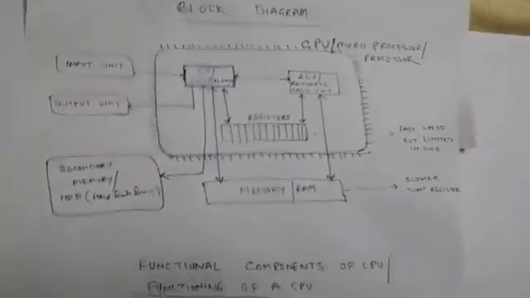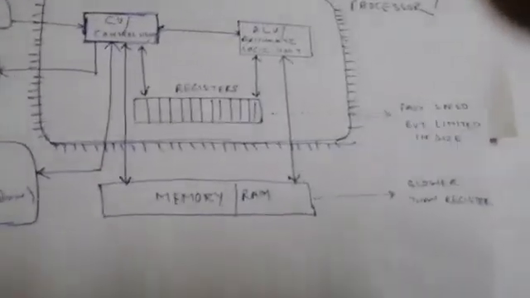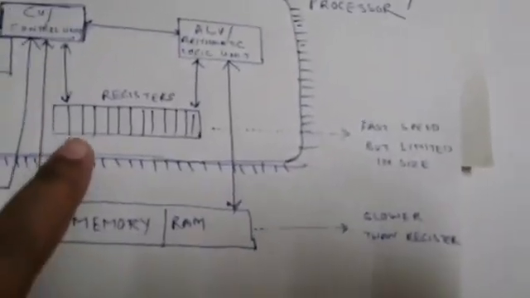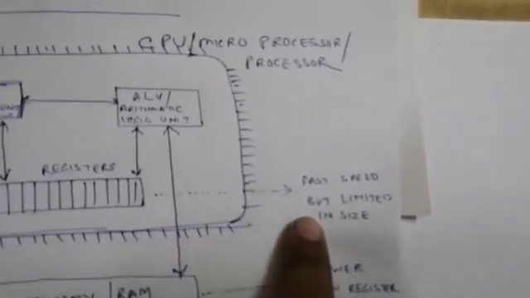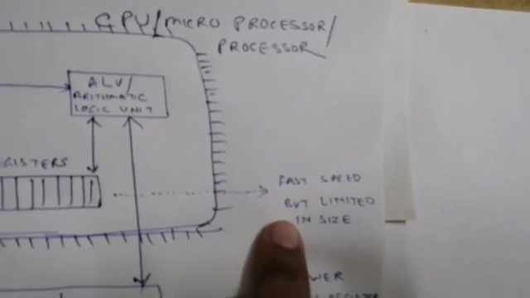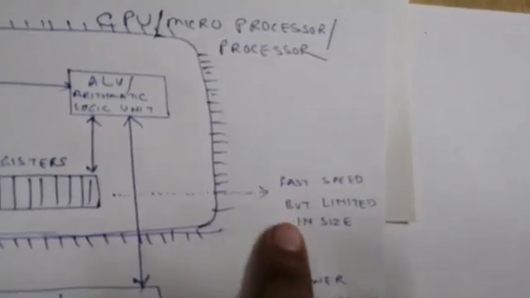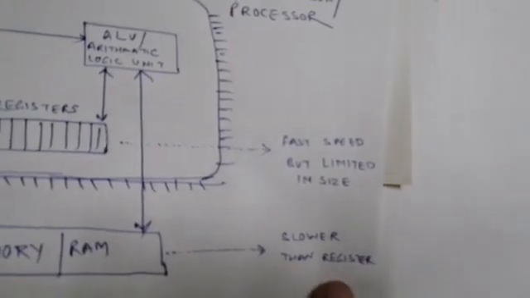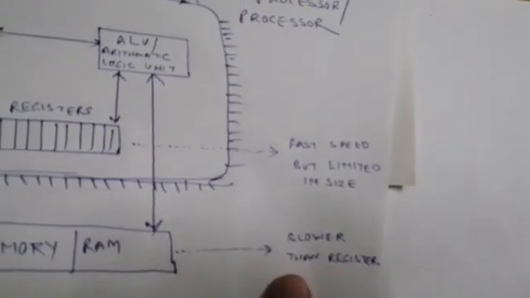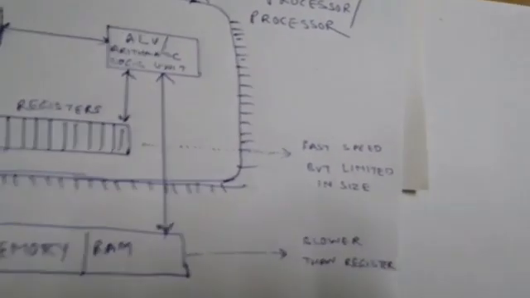And here see what is written, that the difference between this register and RAM is that a register has a fast speed but limited size, and RAM has a slower speed than a register but is large in size. Write it down.